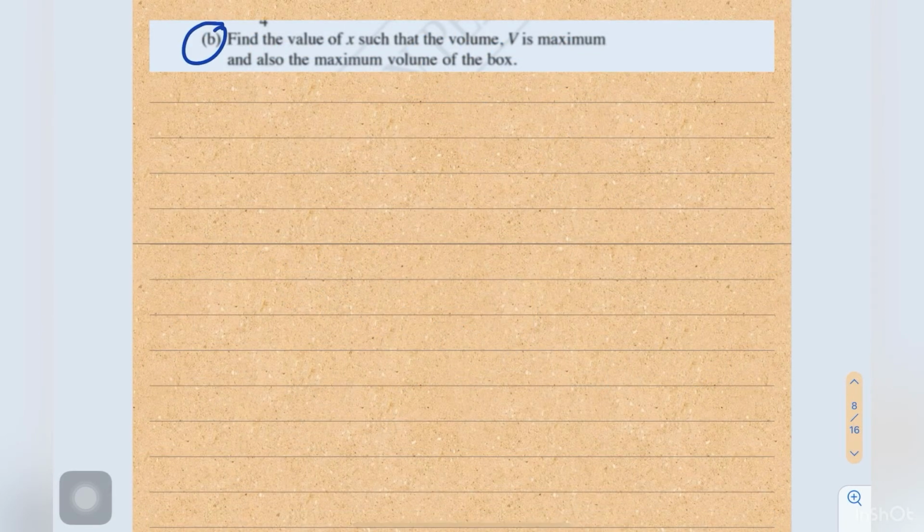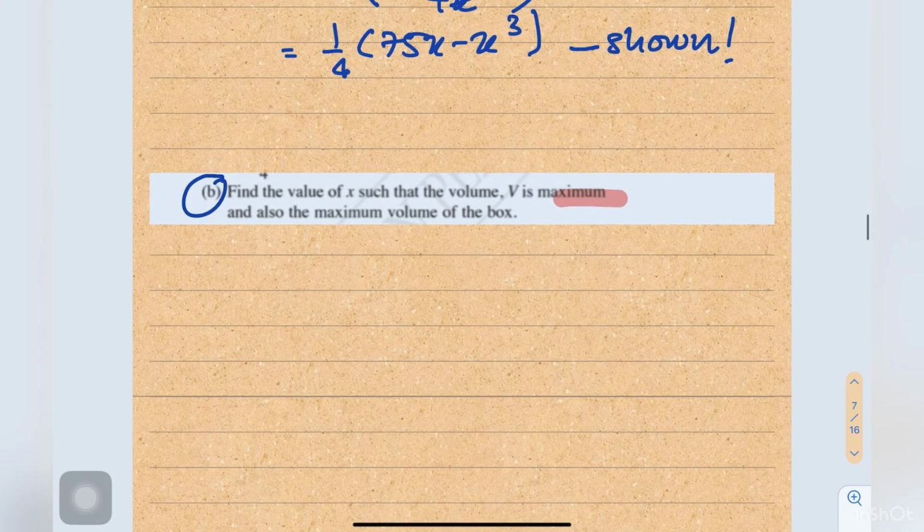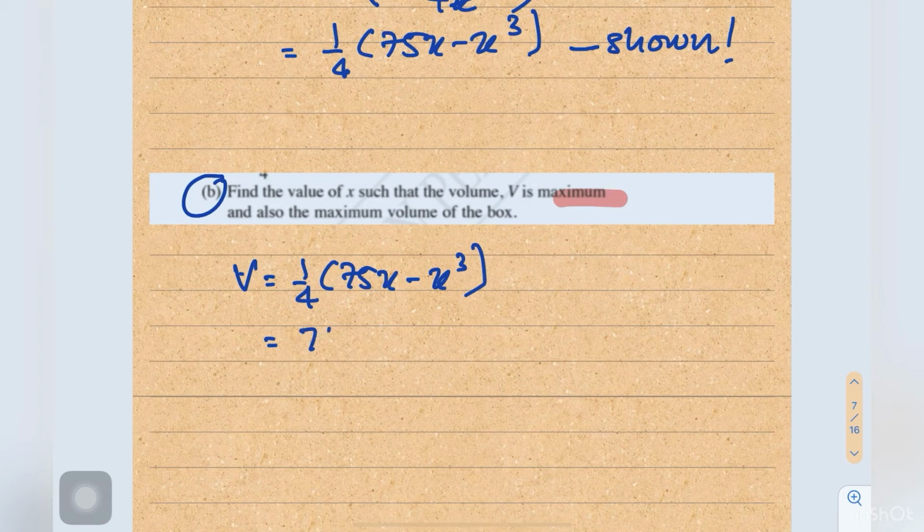B, find the value of x such that the volume is maximum. The clue is maximum volume. We know that to find a maximum or minimum, we differentiate and set it equal to 0. Just now we have V from the previous question A, V = 1/4 (75x minus x cubed), so 75/4 x minus 1/4 x cubed.